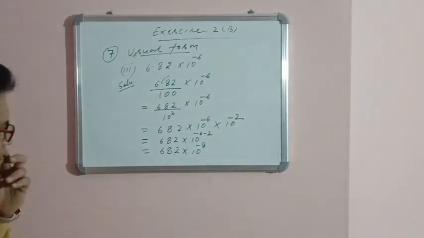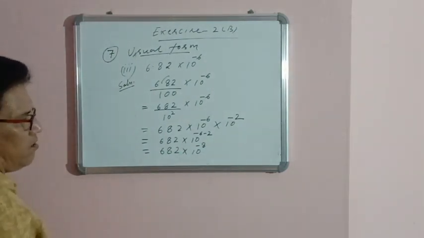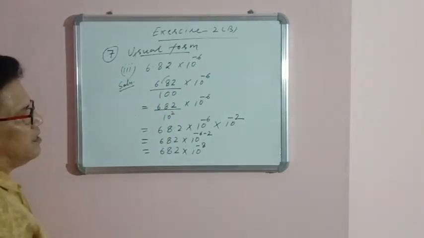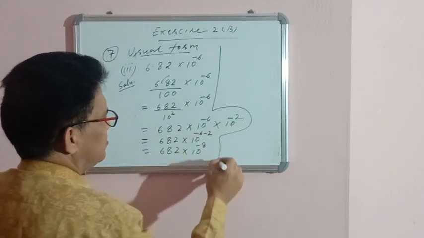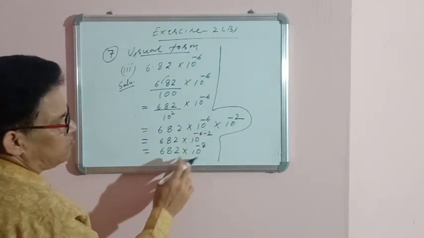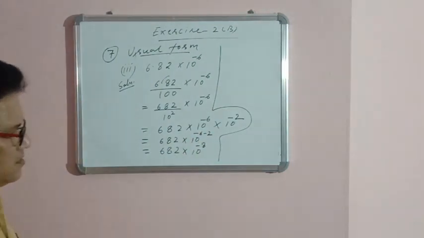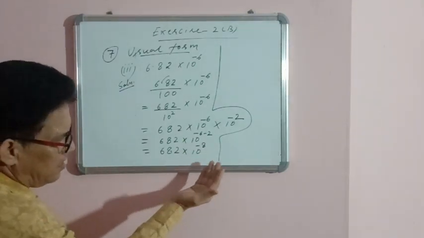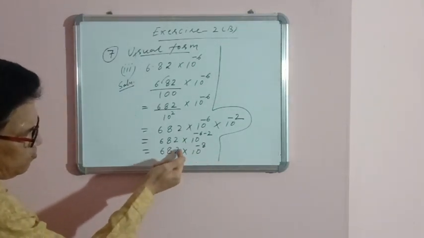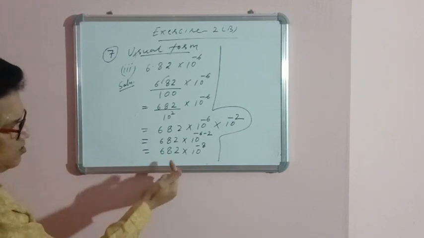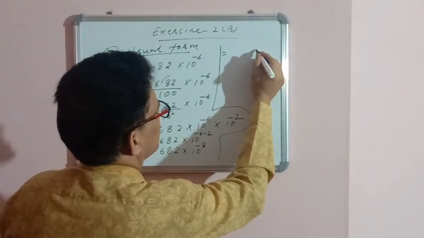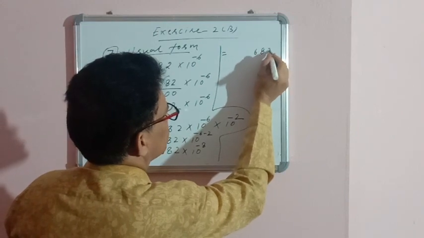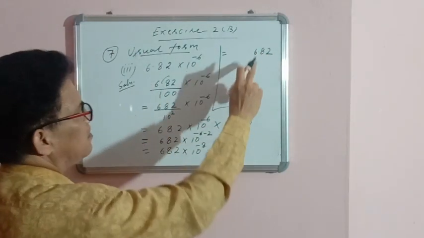Still, this is not in usual form. As we have done earlier, we will write 682 and 10 power minus 8. When the sign is negative, the decimal will move to the left side. So 682, now 3 digits are there.